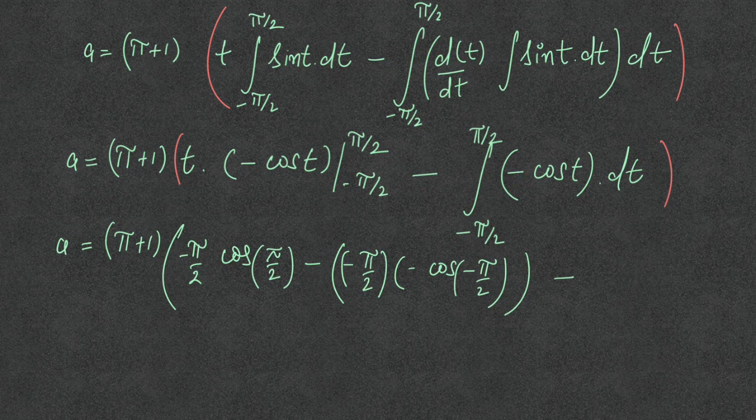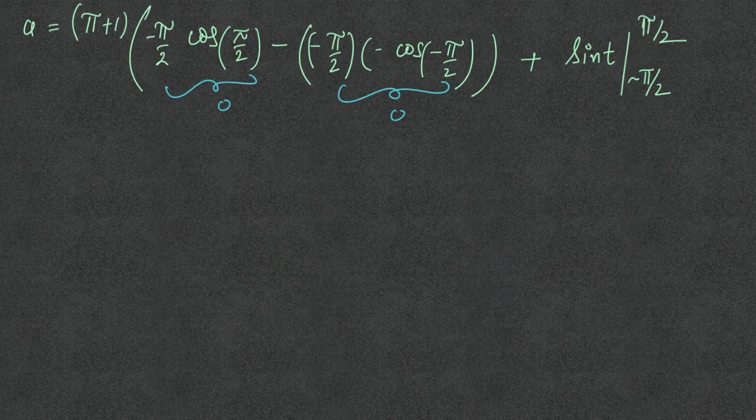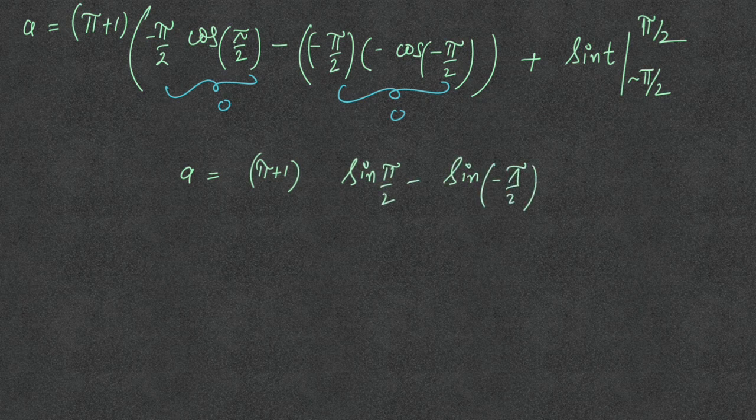This minus with this minus becomes plus, and integration of this cos becomes sine, limits from minus pi by 2 to plus pi by 2. This cos pi by 2 is 0. Here it is cos minus pi by 2. This is also 0. So finally a is equal to (pi plus 1) into sine of pi by 2 minus sine of minus pi by 2, and a is equal to (pi plus 1).